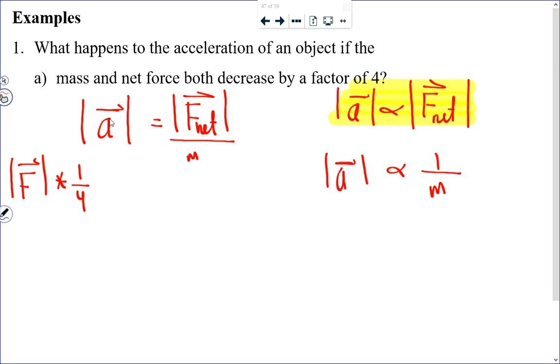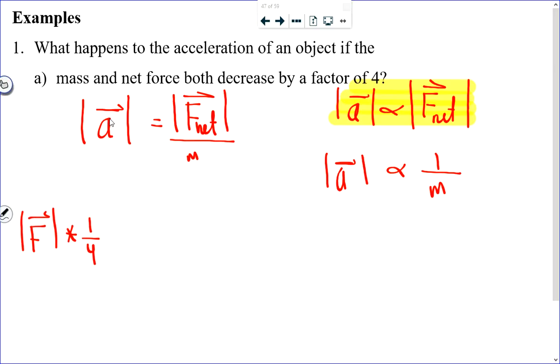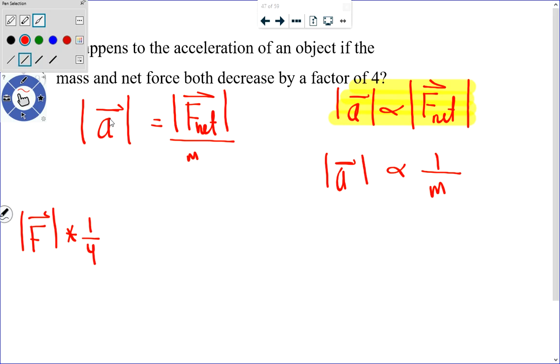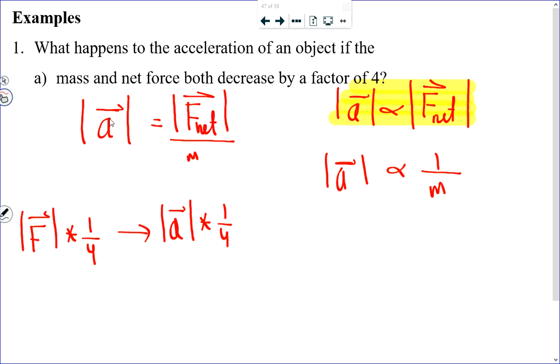Well, the acceleration will also be multiplied by 1/4. Well, that's one of the changes that occurs.